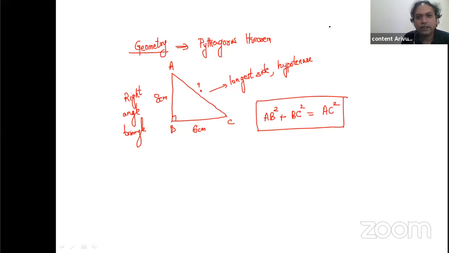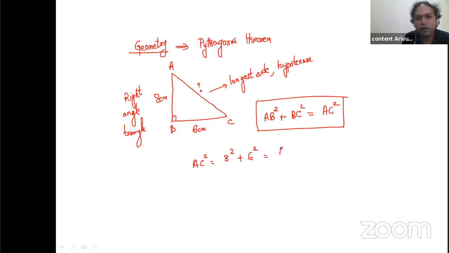Nathan, it is not 100, it is the square root of 100, okay? So we say AC square is equal to 8 square plus 6 square.